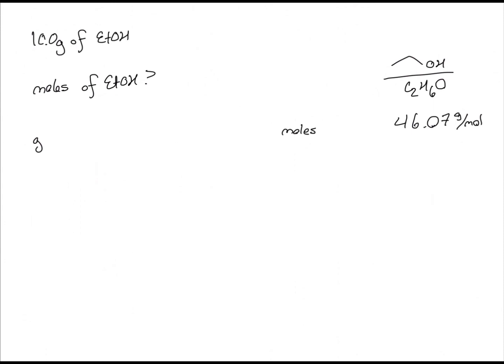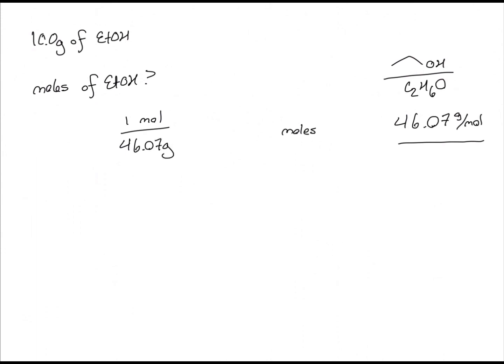So what conversion factors are we going to need here? We're actually just going to need 1 conversion factor to get us from grams to moles, and again, that's the molar mass. Since the molar mass is in grams per mole, we're going to need to use moles per gram, and we have 1 mole per 46.07 grams of ethanol.